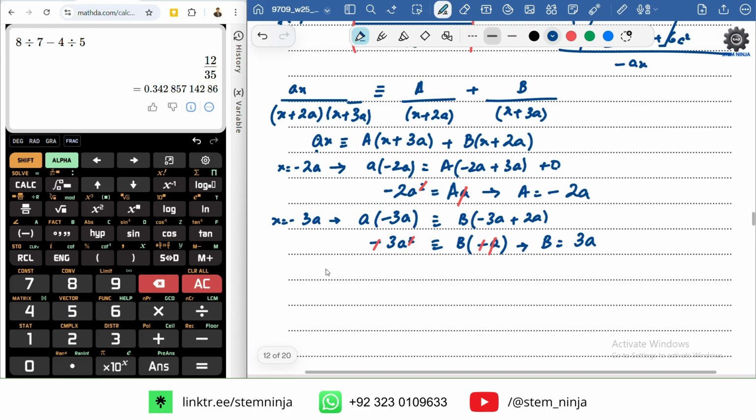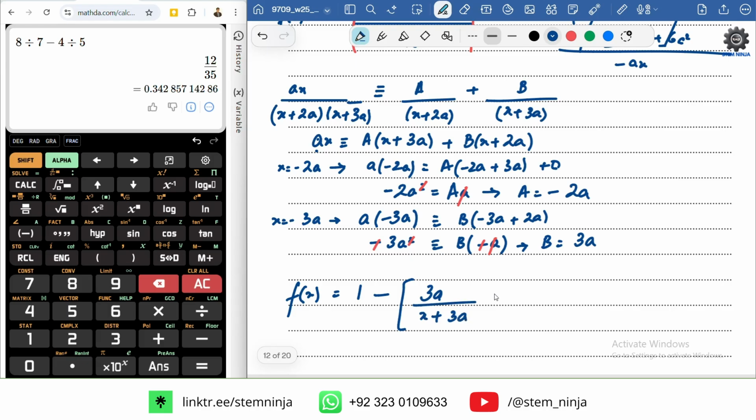Okay, so now f of x can be rewritten as 1 minus, we'll see the signs later on in a second. So x plus 2a was negative and this one was positive, so 3a over x plus 3a and minus 2a over x plus 2a.